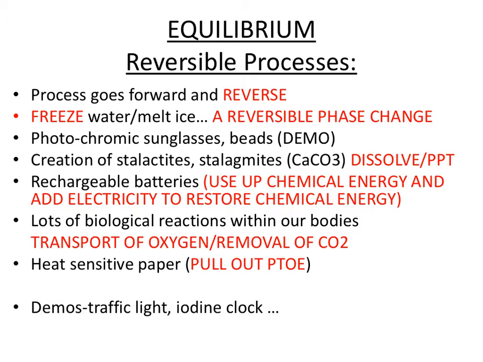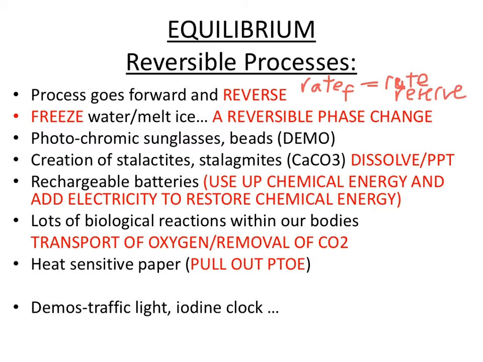Okay, so what is equilibrium? When we think of equilibrium, we think of a sort of balance. And in terms of a chemical system, equilibrium means that we have something very specific. It says that the forward rate is equal to the reverse rate.